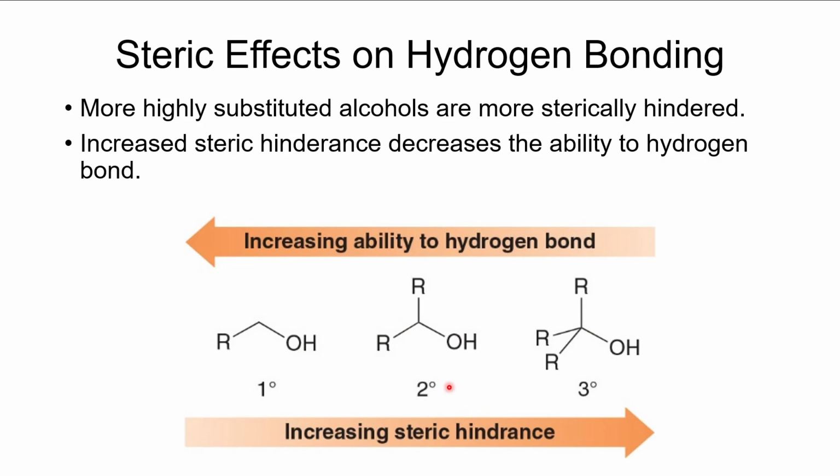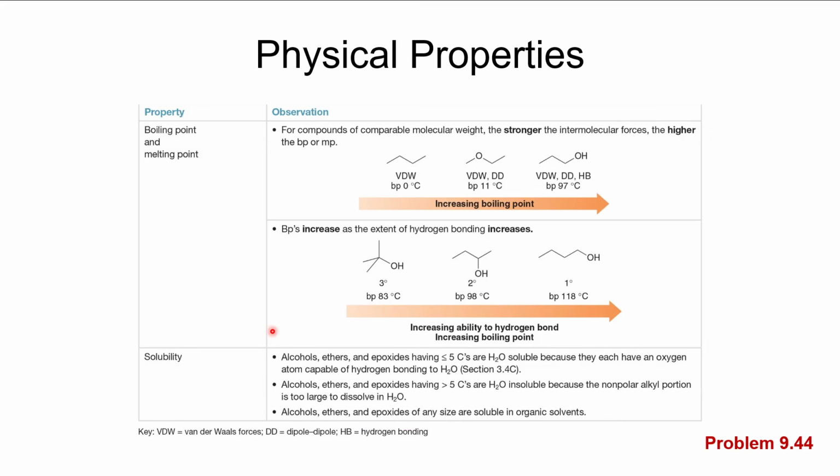Where this has an effect is on the boiling point. If you have molecules that are the same size, but one is a tertiary alcohol and one is a primary alcohol, the primary alcohol will have a higher boiling point because it's less sterically hindered. We'll see that when we look at the physical properties here.